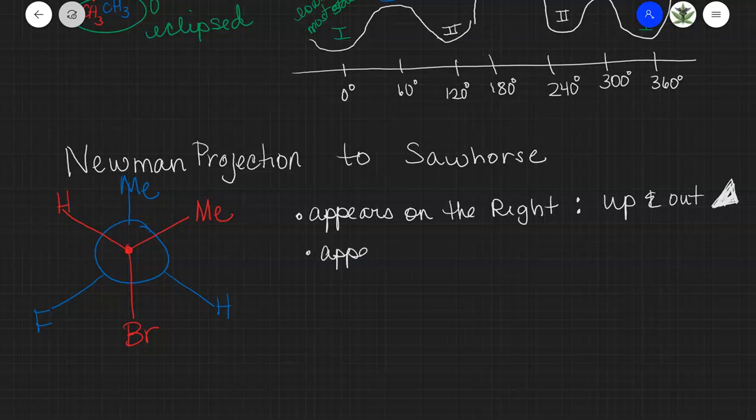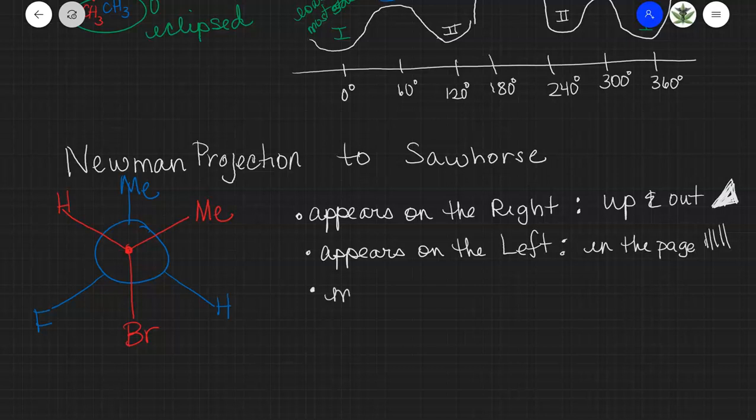If it appears on the left, you want it to be in the page. And if it's in the page, that's the dash wedge.